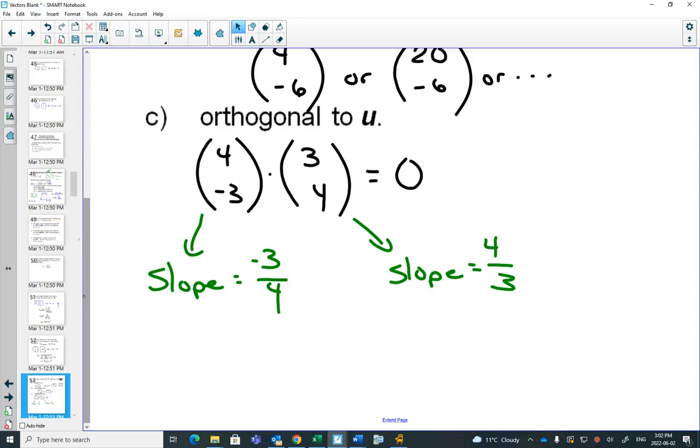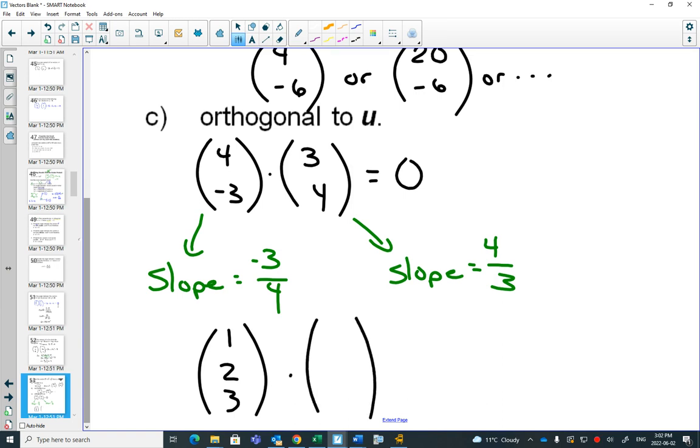What about 3 dimensions? What would be perpendicular to 1, 2, 3? What could you put in here so that you do the dot product and it would equal 0? It kind of doesn't work that way. 3, 2, 1? No, that wouldn't work.